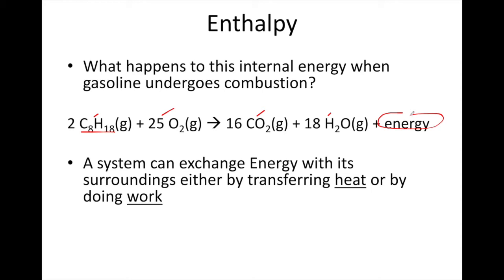So what can we say about that internal energy of octane? Well, a system can exchange energy with its surroundings either by transferring heat or by doing work. So when we take octane or gasoline and we combust it, that energy that's released is either going to be released as heat, or that energy can be used to do work.